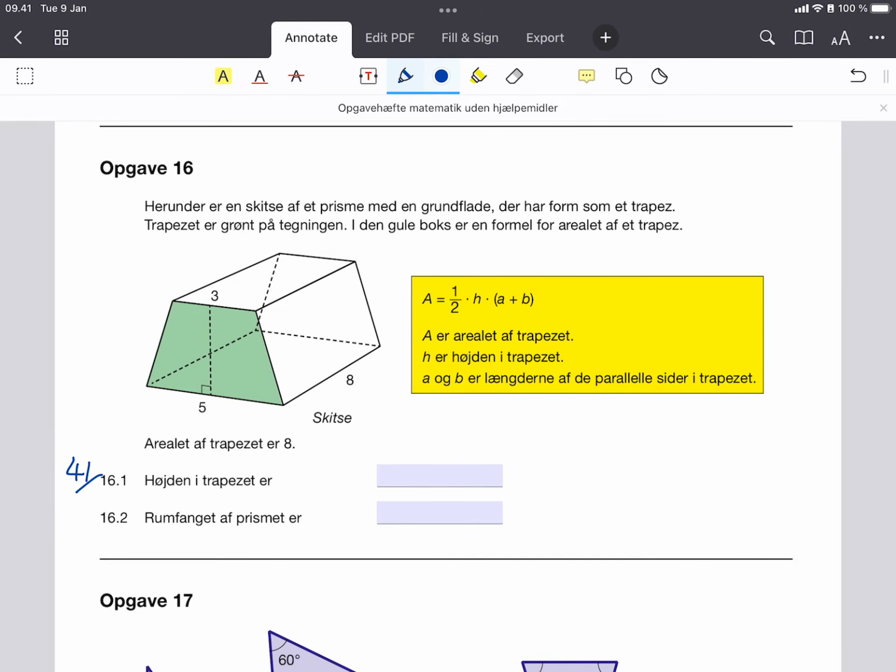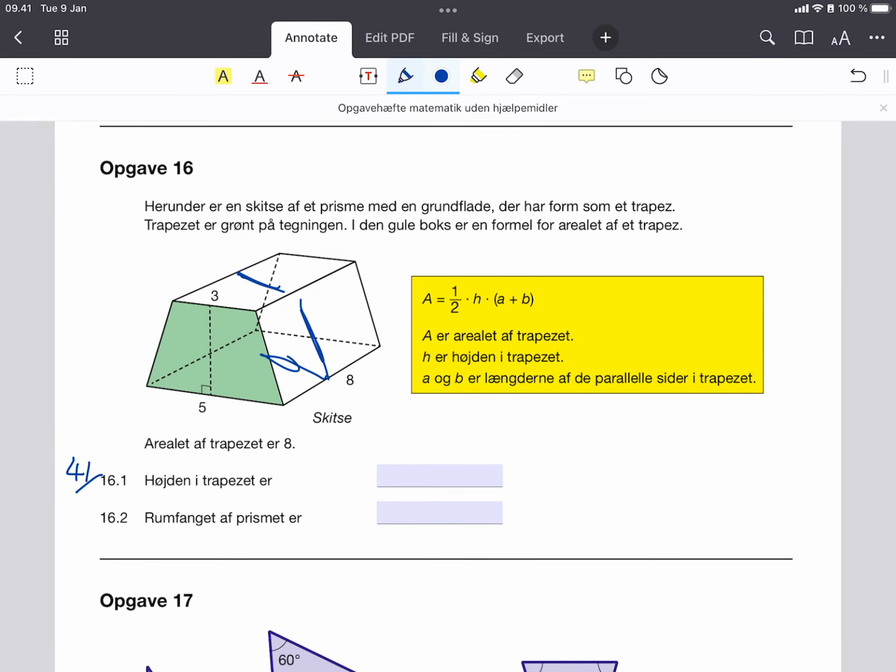Okay, so it's a prism. So it says below is a sketch of a prism. So a prism is anything that's got kind of the same shape on one end and at the front and at the back and all the way throughout. So it's got a constant cross section. If you cut it anywhere along the middle and take a slice out, it'll still be the same shape.